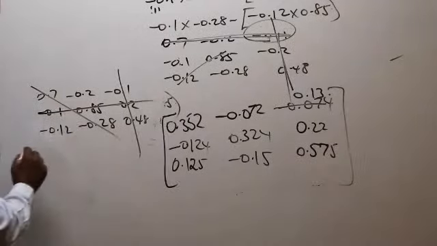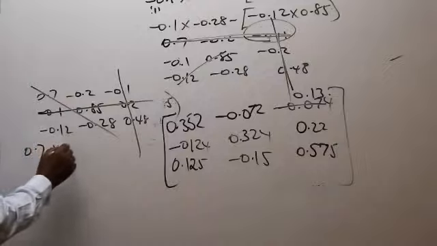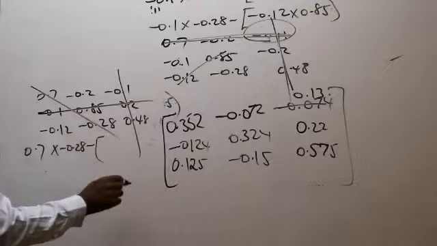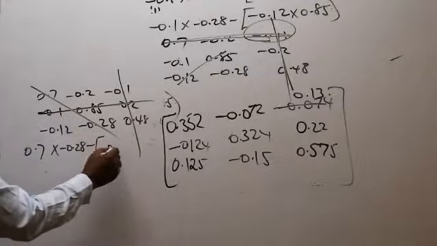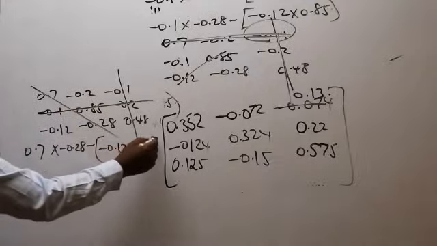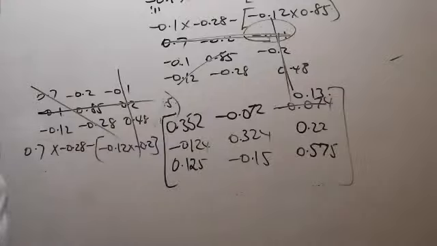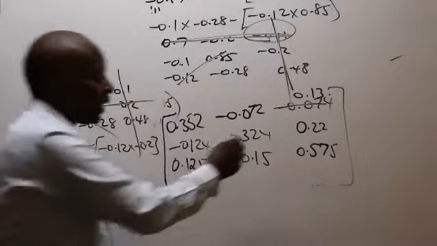What do we have here as the PPD? It is 0.7 times minus 0.8 minus open brackets. If this is the primary, the secondary will be the other one: minus 0.12 times minus 0.2, like that. Kindly confirm this figure. Somebody is giving me negative 0.22.